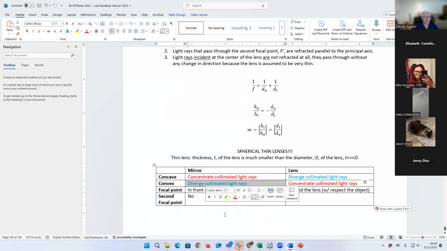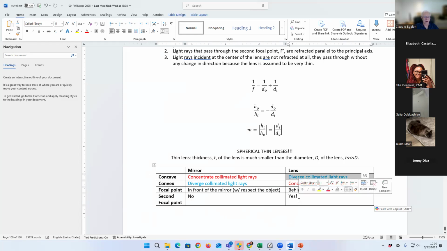Convex mirror diverges a collimated light ray, whereas a convex lens concentrates a collimated light ray. Focal point in front of the mirror, behind the lens, with respect to the object, don't forget. Okay, everything on the same side of the object.